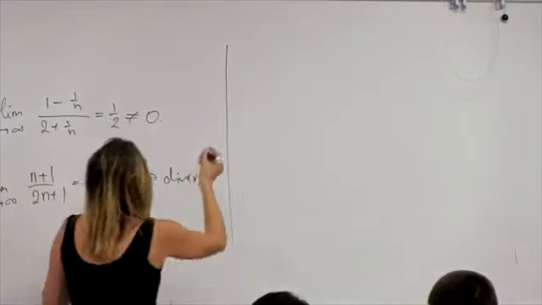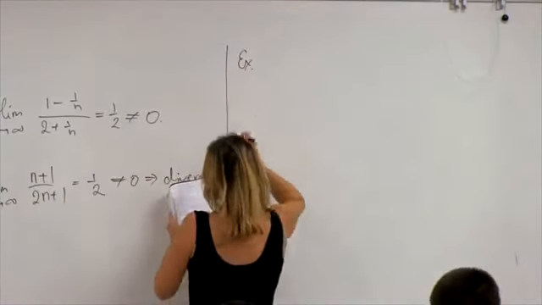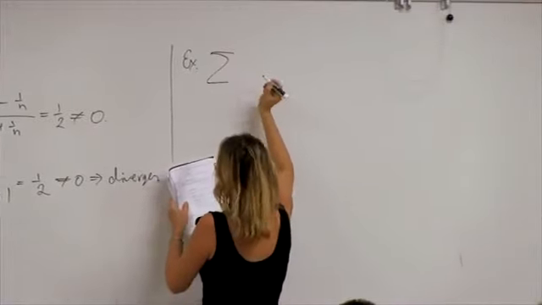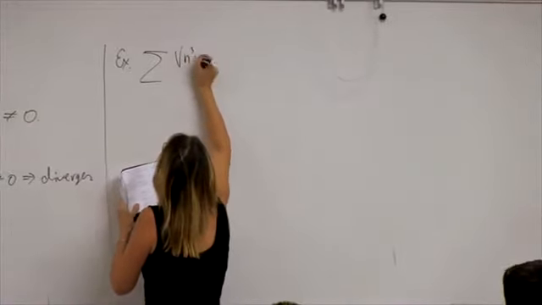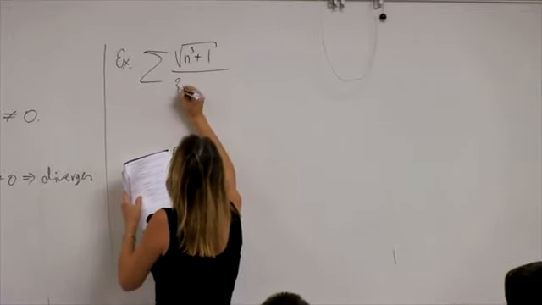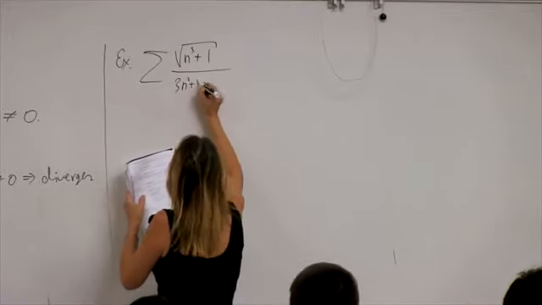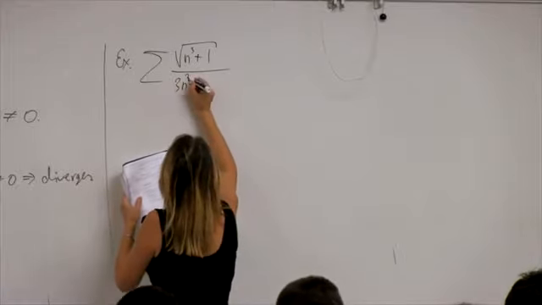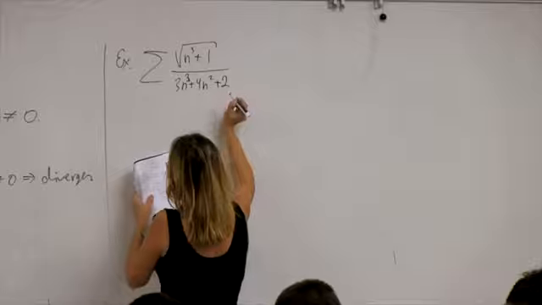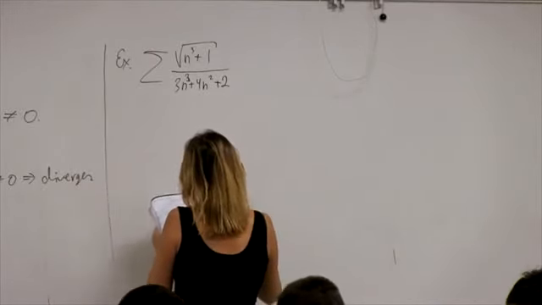Next. Let's look at this. So this is the square root of n cubed plus 1, over 3n cubed plus 4n squared plus 2.